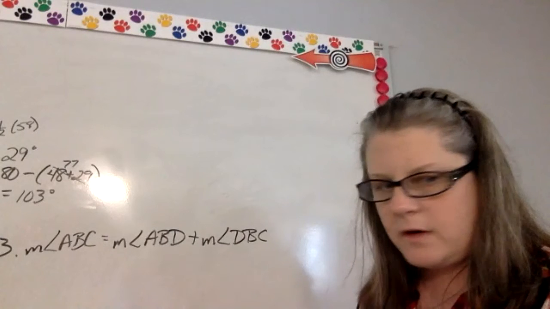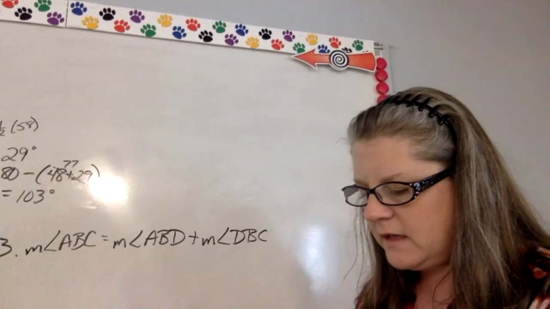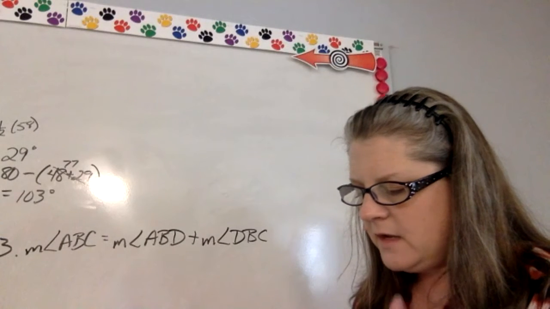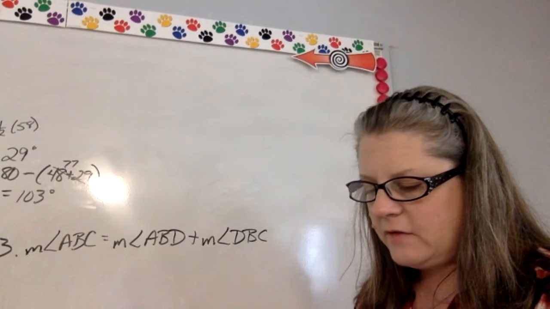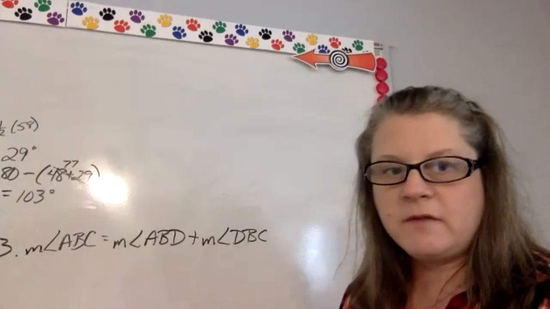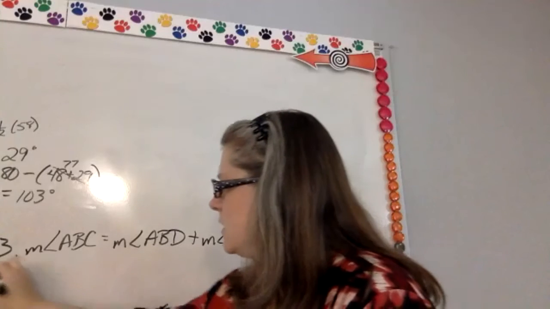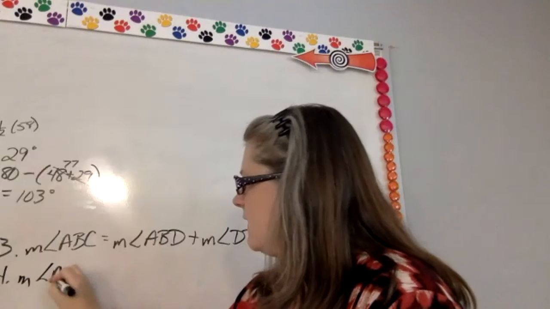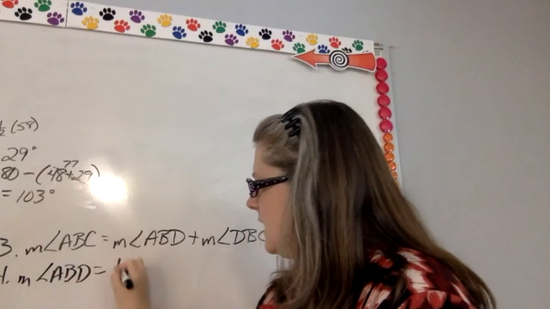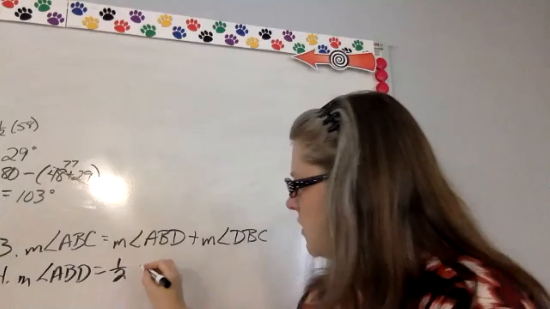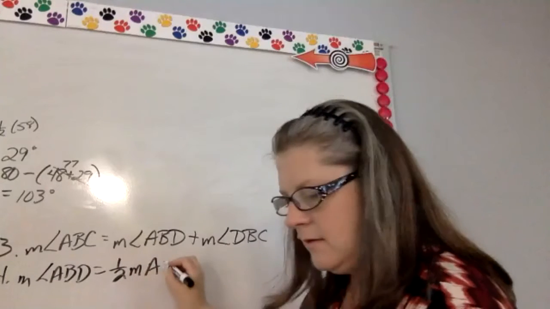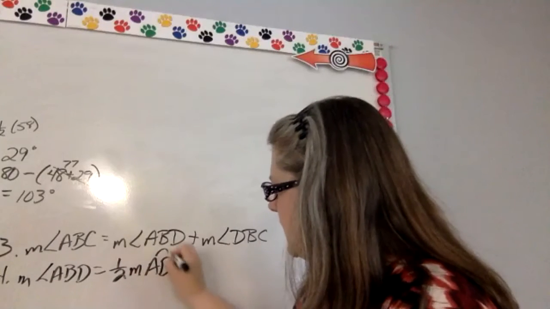Then number 4, the reason was case 1 of the inscribed angle theorem. Case 1 says that if you've got the inscribed angle, it's equal to half of its arc. So what we can say is that the measure of angle ABD is equal to half of the arc it intercepts, which is AD.